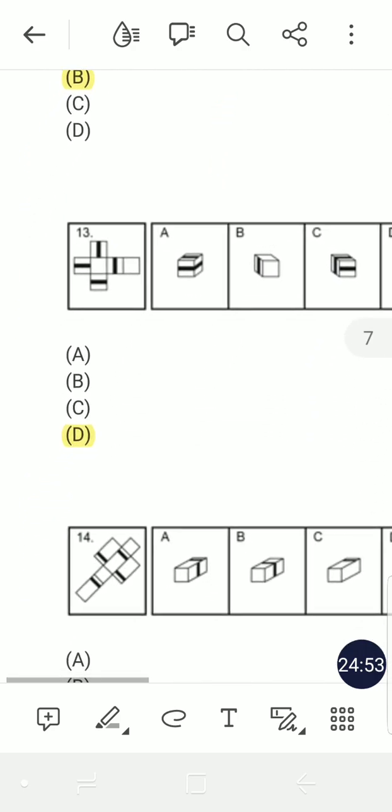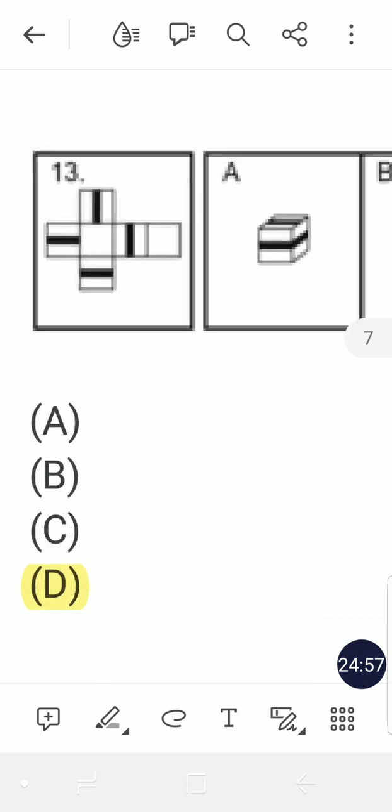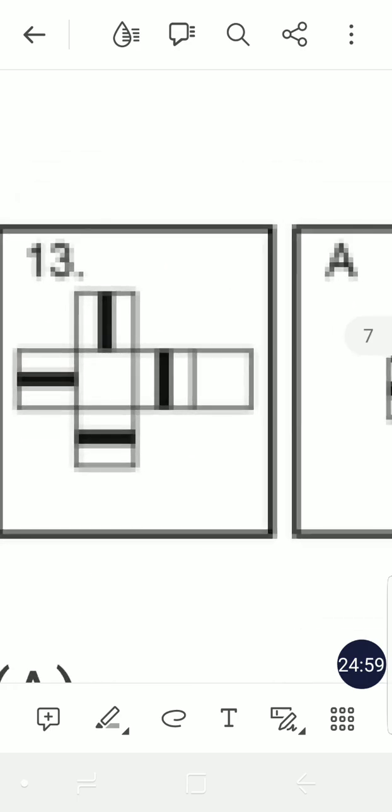and then question 13. So if we look closely at the figure here, we can see that this is a box with two horizontal lines beside each other and two vertical lines beside each other if you fold it all together to close it.